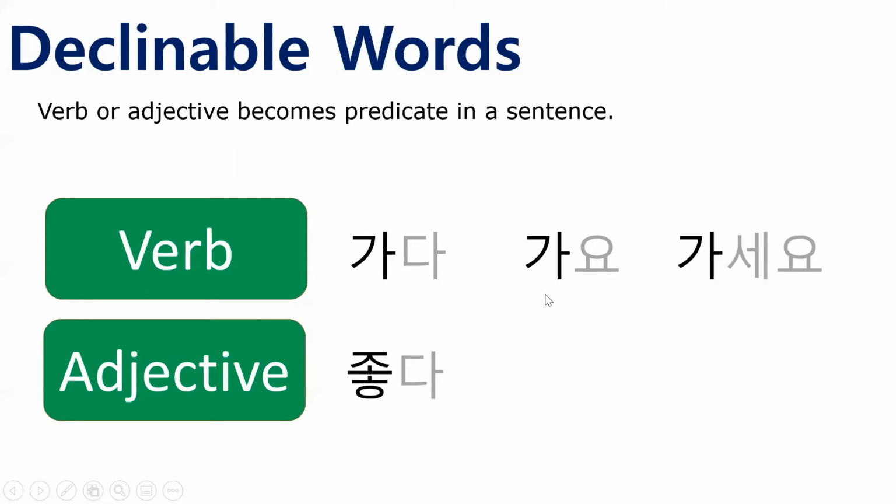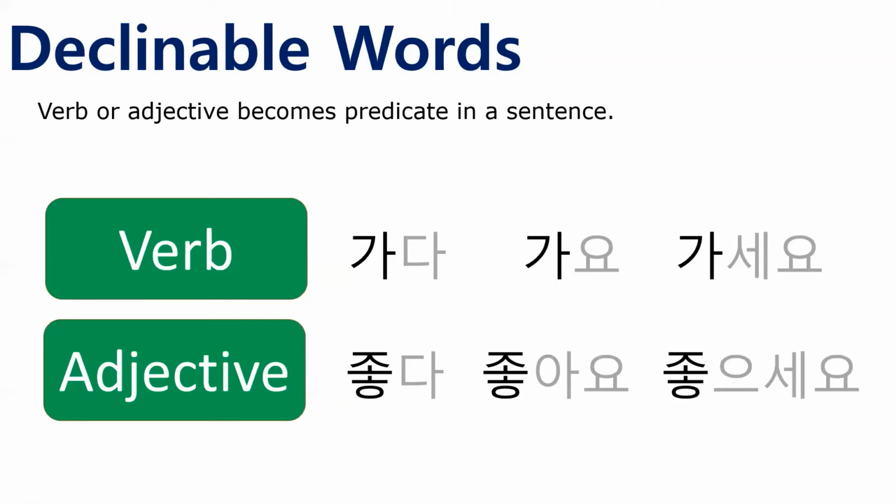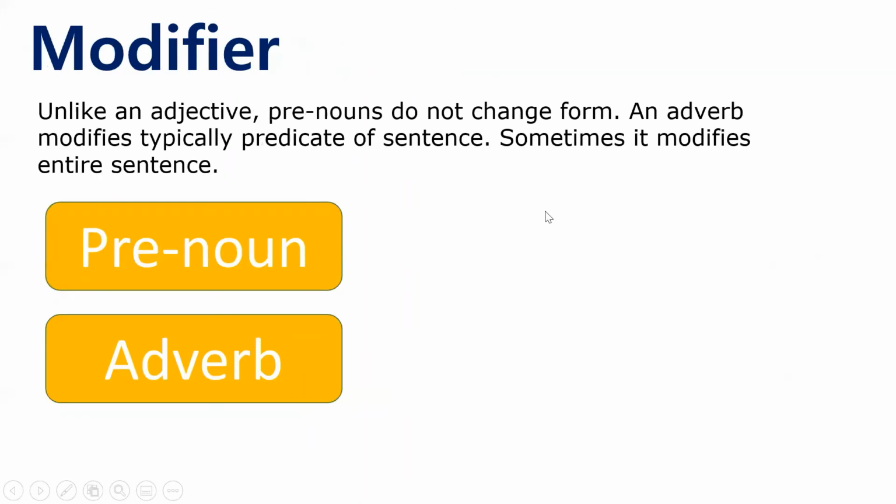And a more honorific, polite way, 가세요, like that. And also 좋다 becomes 좋아요, or if an older person is good, then you can say 좋으세요. So as you can see, the universal dictionary ending 다 changed to 요, 아요, or 세요, 으세요. So these we call conjugation, and this vocabulary changes form, so it is called declinable words.